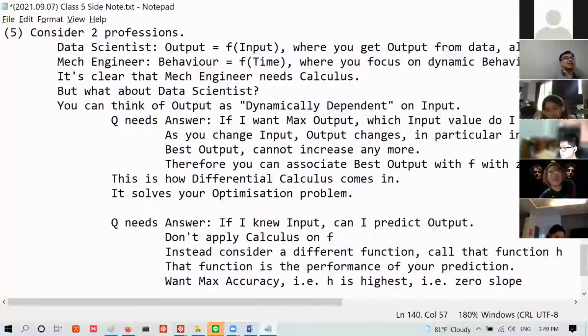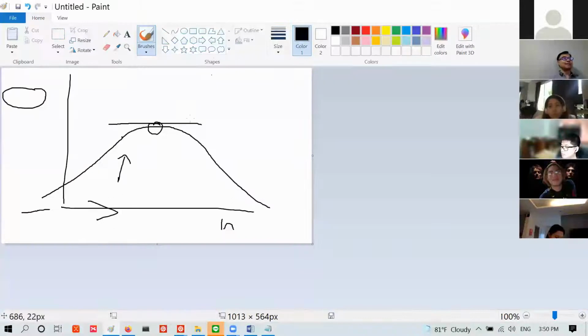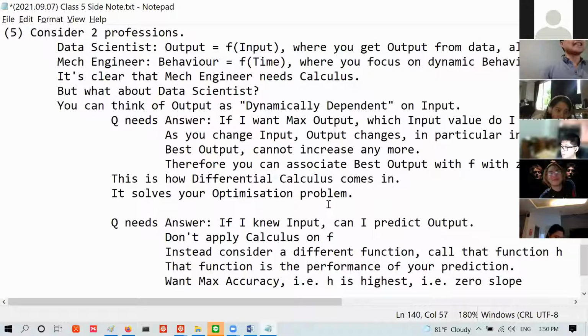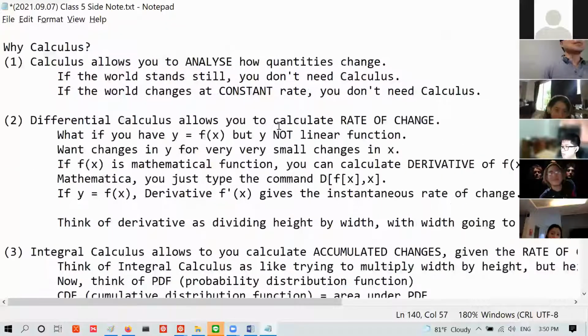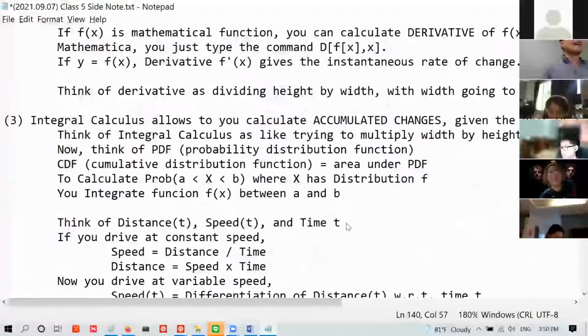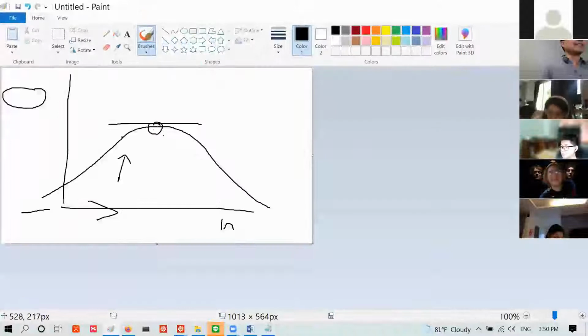But zero slope with respect to what? Now, this is a little bit tricky. In an engineering or optimization problem, leading back to what we were talking about, you can imagine that you have a choice to vary your input, and you want to have the one that's best.